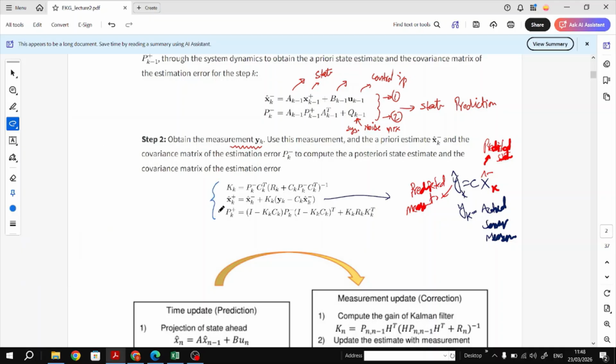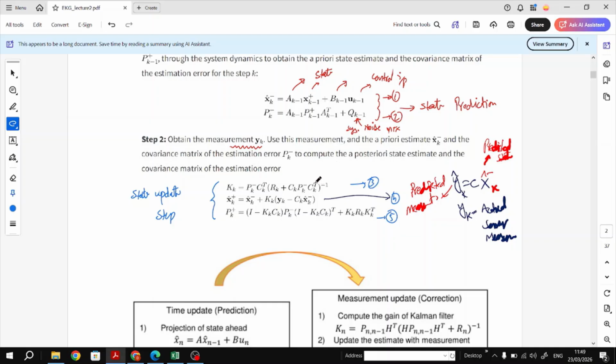This is the state update step, in which you use three equations, equation number 3, then 4, and then 5. These 5 equations are the set of the Kalman filter. In equation number 3, you calculate the Kalman gain first.